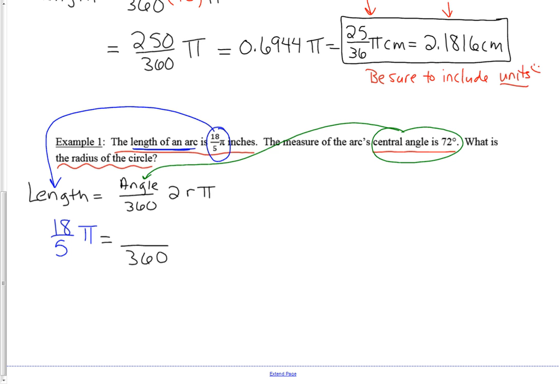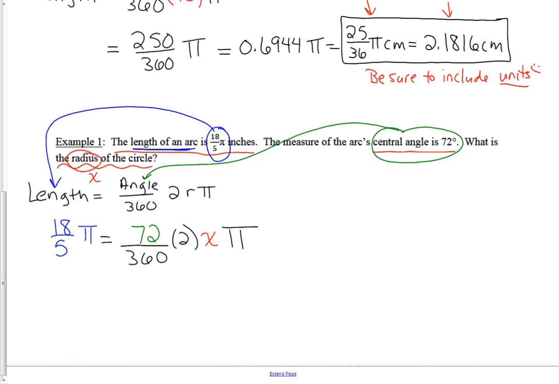So that's going to go in place of my angle, the 72 on top of my 360. Then I'm going to multiply by 2, and then I'm going to multiply by the radius. However, the radius is what I'm trying to find. So I'm going to call the radius x. So I'm going to input an x, and then again, pi is part of my formula.